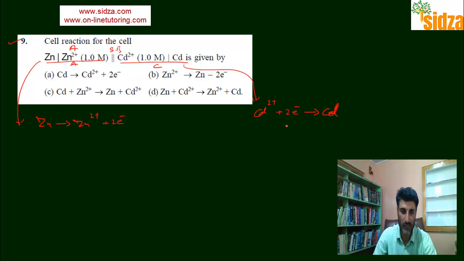This is the reduction half reaction. When you join the two, zinc being converted into zinc ion is the oxidation half reaction, and cadmium ions being converted into cadmium is the reduction. So option D will be the answer for this question.